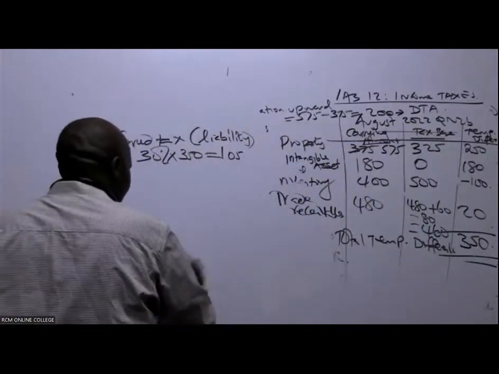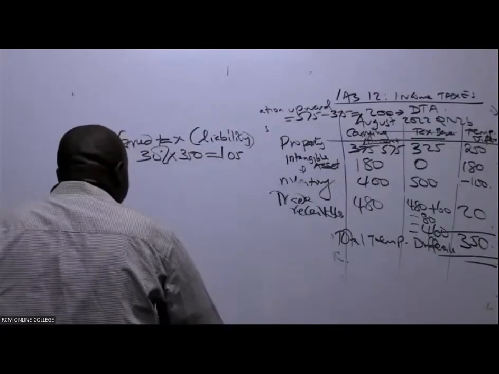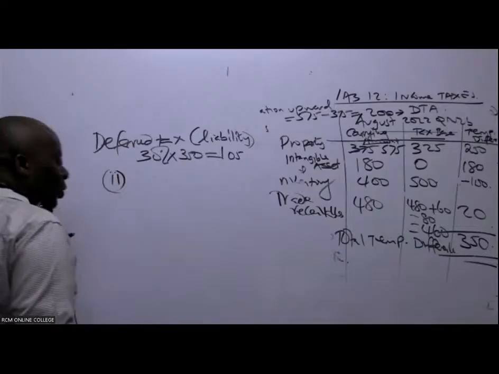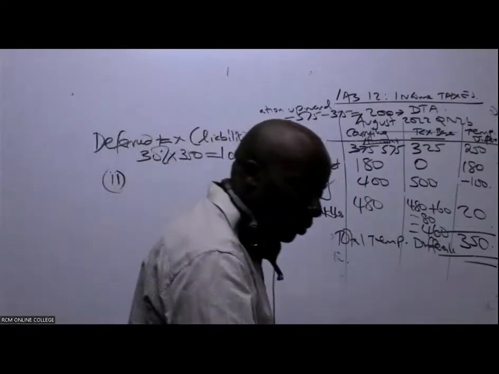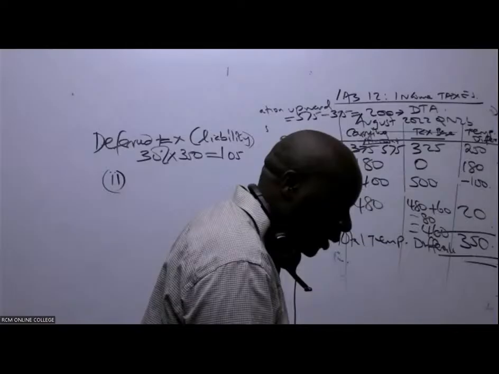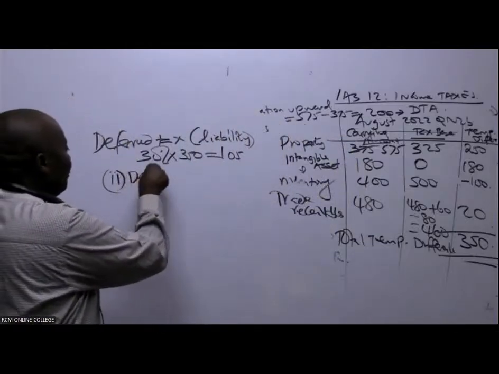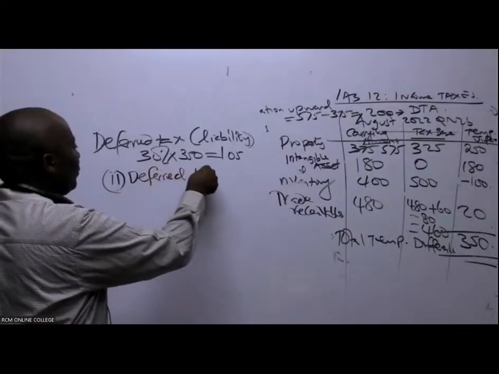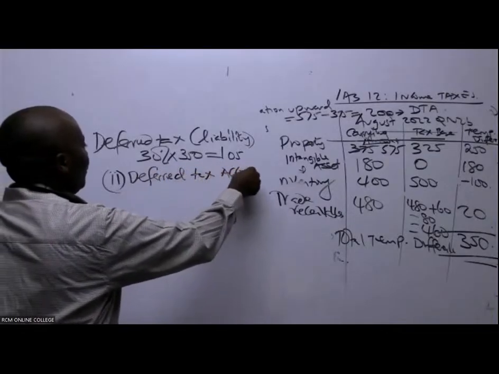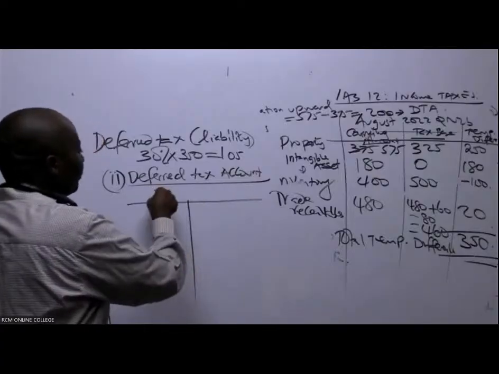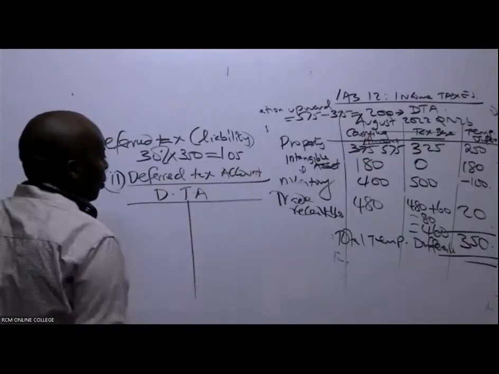Now, ladies and gentlemen, from there come here and do Roman 2. If you look at Roman 2 of this question, they want us to do a deferred tax account, a DTA. That's how we call this.